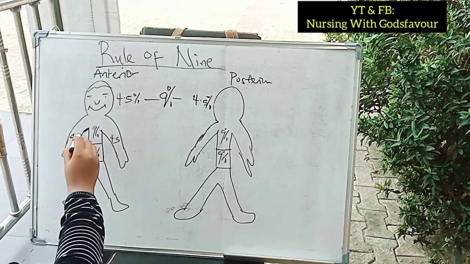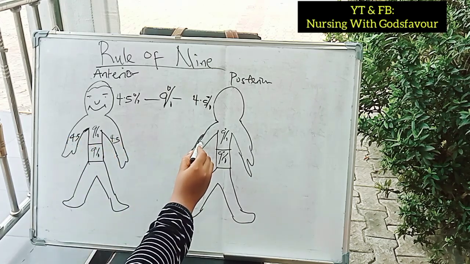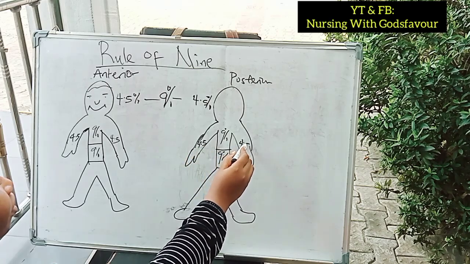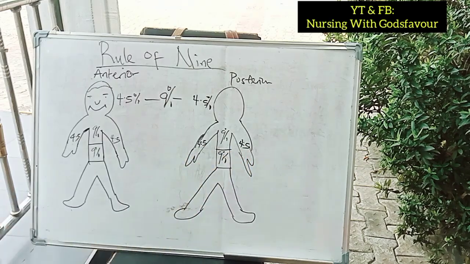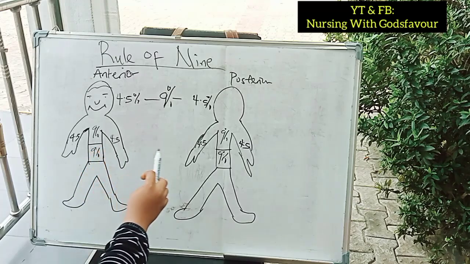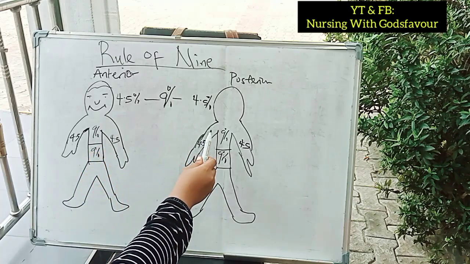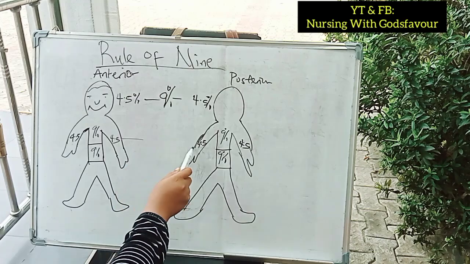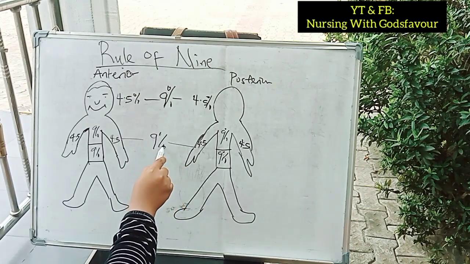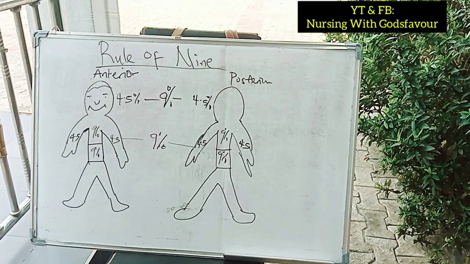So if the anterior of the right hand is 4.5 and the posterior is 4.5, it means that each hand, when burnt back and forth, is 9%.